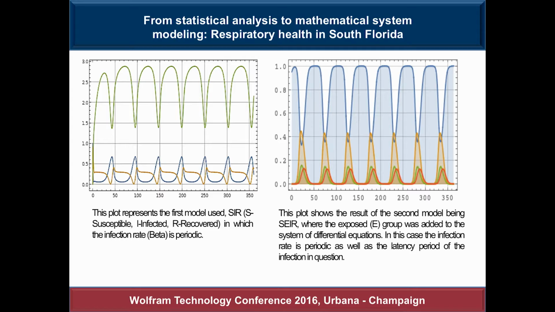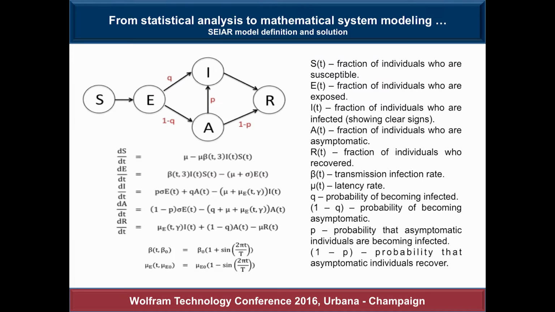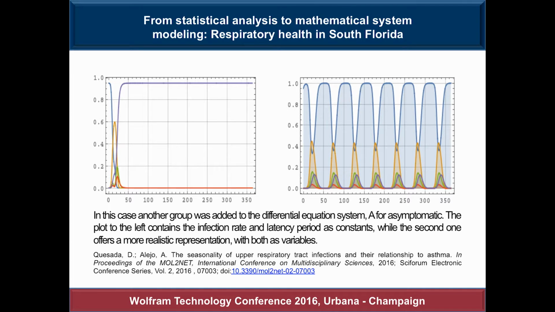And if you add to that model a new compartment, including the exposed individuals that are asymptomatic, that might have a period to get sick, then the chi-square testing with the experimental data, so the number of cases, is much better in that case. So that is telling us that the support in favor of epidemic modeling is much better than the things that we did before.